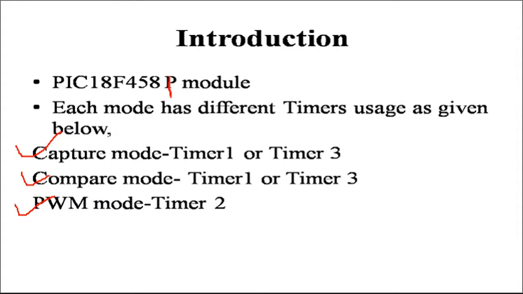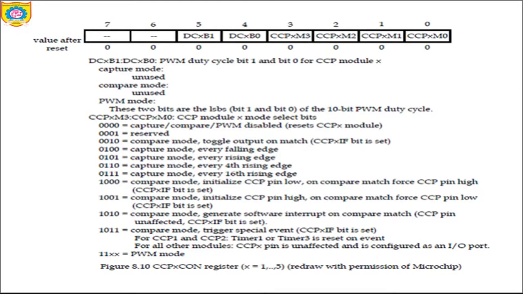As the PIC 18F458 has only one CCP module, here we are going to study the CCPxCON register, that is the control register for the CCPx module. This X indicates the number of the CCP module.